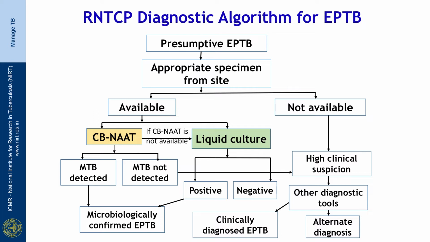And based on this, if the CBNAAT shows MTB detected or the liquid culture shows it is positive, we label the patient as microbiologically confirmed extrapulmonary tuberculosis. However, if the CBNAAT shows MTB not detected, liquid culture is negative and there is high clinical suspicion, then we subject the patient to other diagnostic tests. In case they still indicate tuberculosis, we label the patient as clinically diagnosed EPTB, or these tests may tell us an alternative diagnosis for the patient.